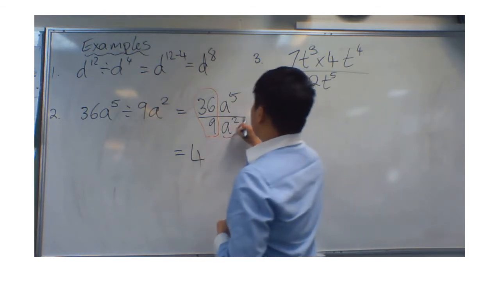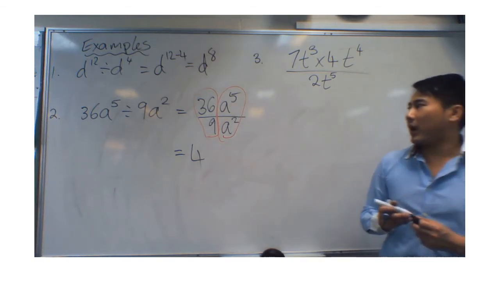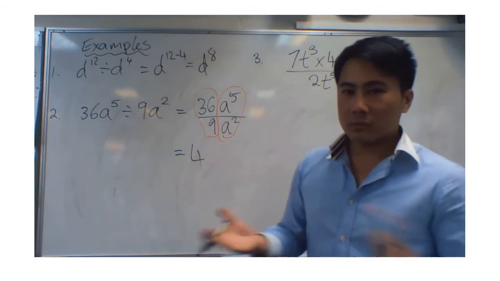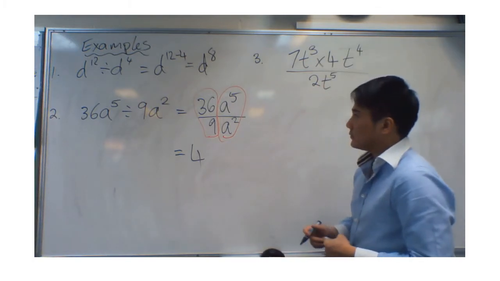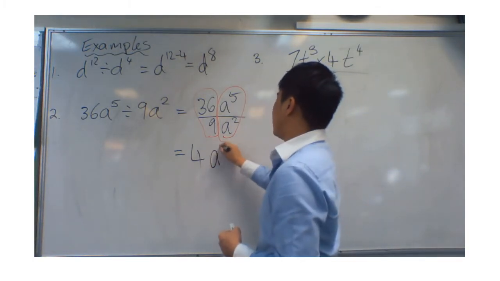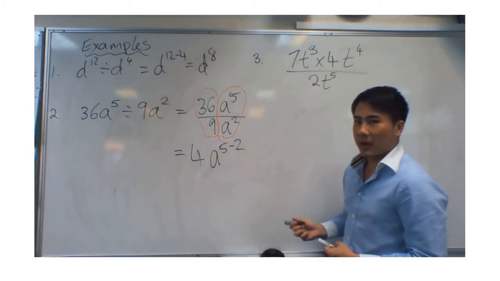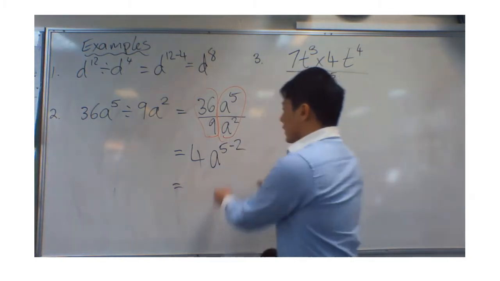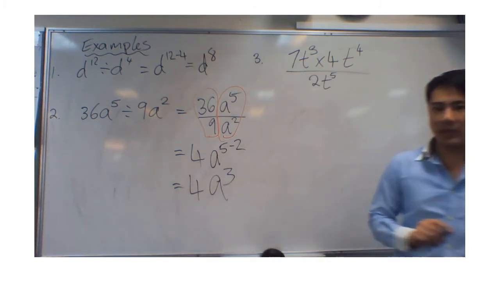And I can group these two together. a to the power 5 divided by a to the power 2. We can use the second index law, right? a to the power 5, take 2. Same base, dividing, minus the powers. Clean this up, 4a to the power of 3.